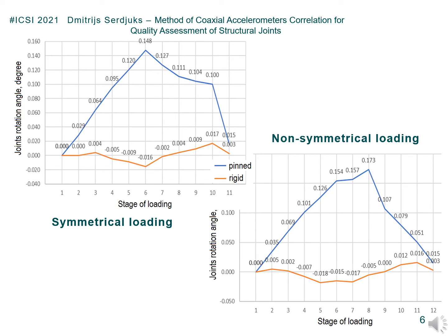So the statical loading task was completed, and it was established that the considered variants of the main and additional beam joints can be considered as rigid and pinned ones.